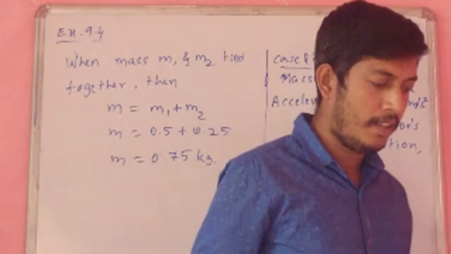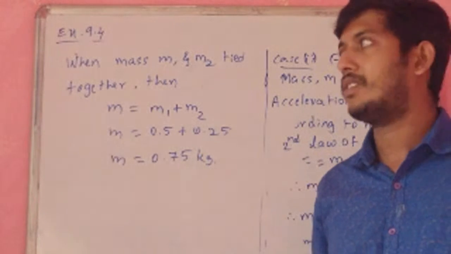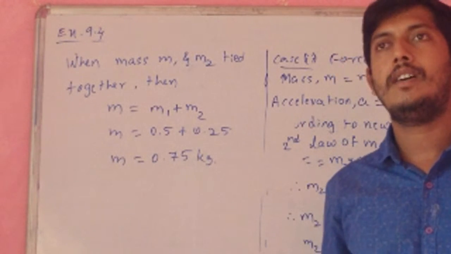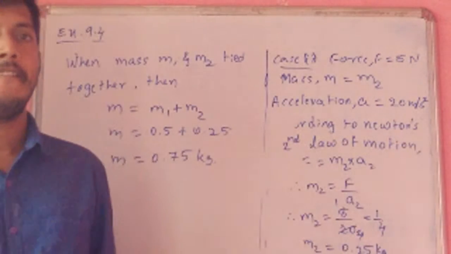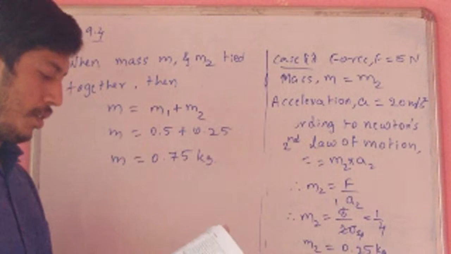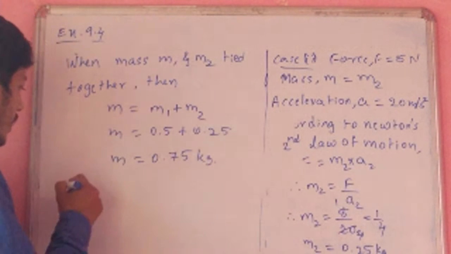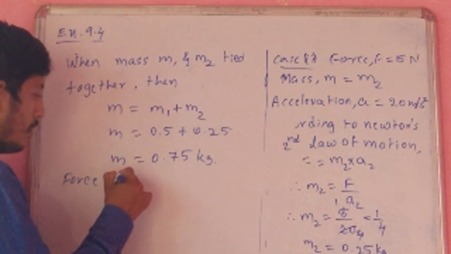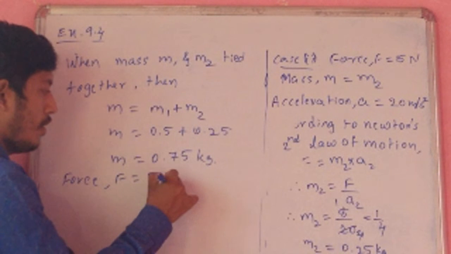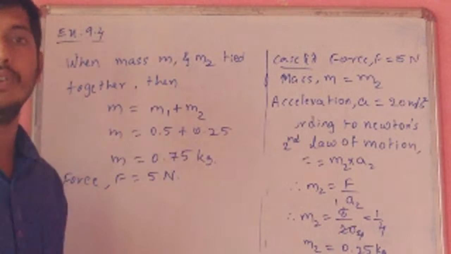Okay, this is the total mass of the object when m1 and m2 are tied together. And force, F equals 5 Newton. Again we have to find out the value of acceleration.